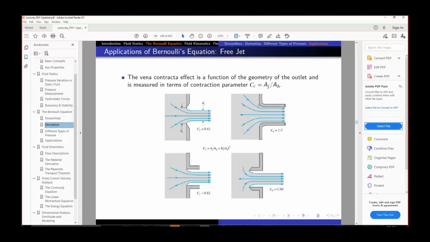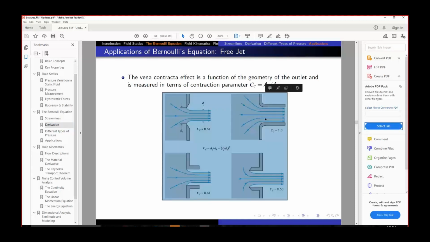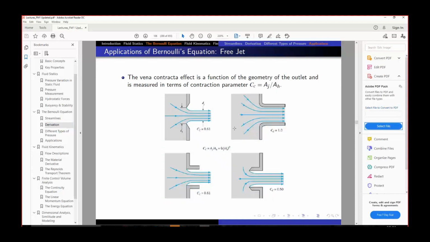For example, if the hole is a channel like this in the figure on the top right side, CC would be equal to 1 because the diameter of the hole and the diameter of the jet is the same. In another case, when there is a sharp corner, the contraction parameter would be 0.61, which means the jet would be 61% of the hole diameter. Clear?